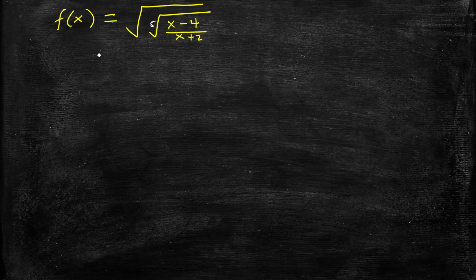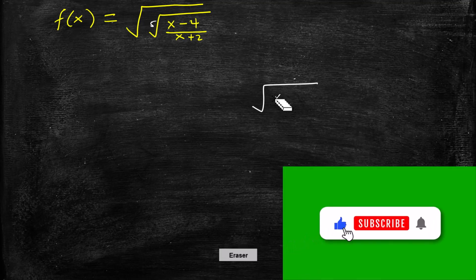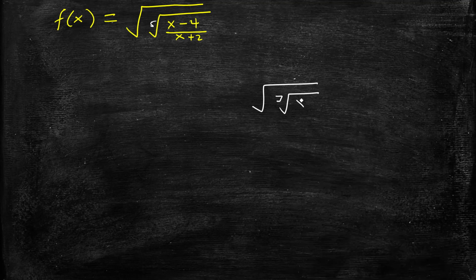Okay, let's see how we can differentiate this. Now we are given f of x equals this, and before we can differentiate, we need to bring this one down. When we are given this, we have the cube root of x and that square root.